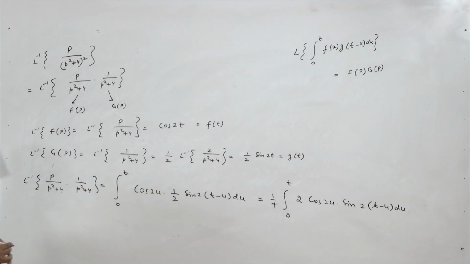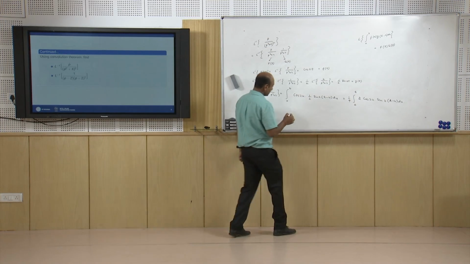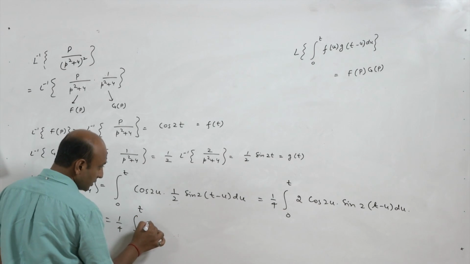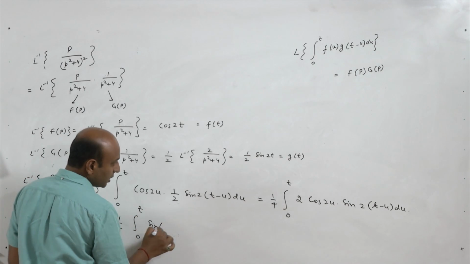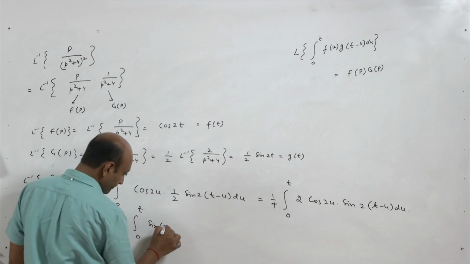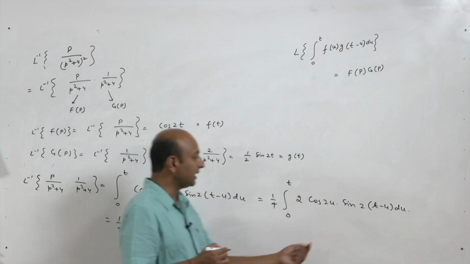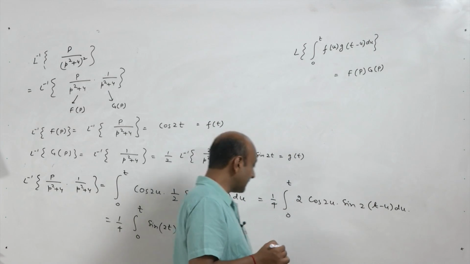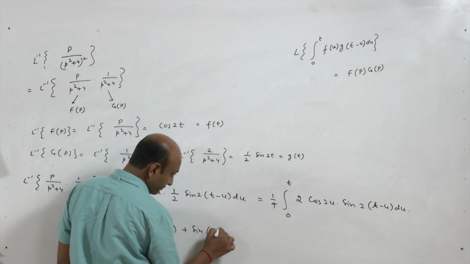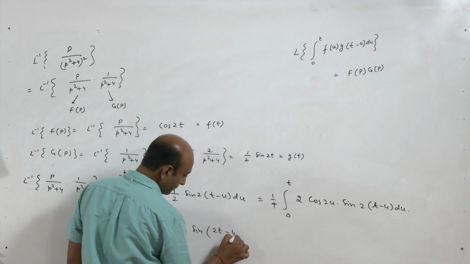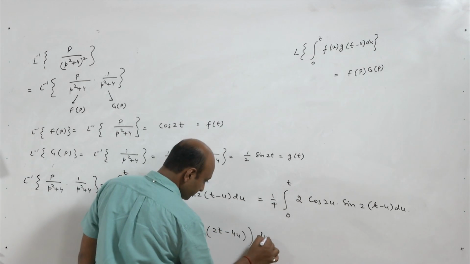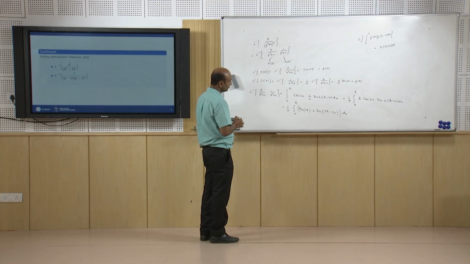So, this is of the form 2 sin a cos b, so 1 by 4 integral 0 to t of sin(a plus b) plus sin(a minus b). Here sin(a plus b) is sin 2t, with a as 2(t minus u) and b as 2u, plus sin(a minus b), du. Okay.